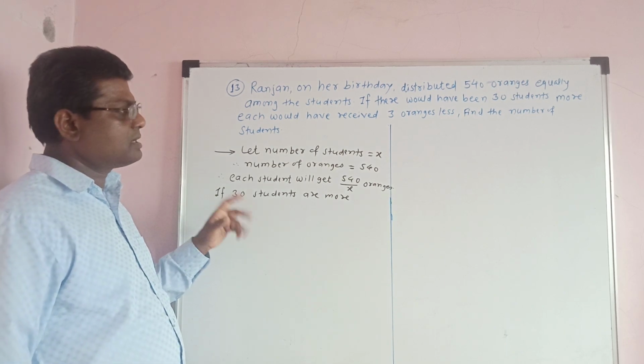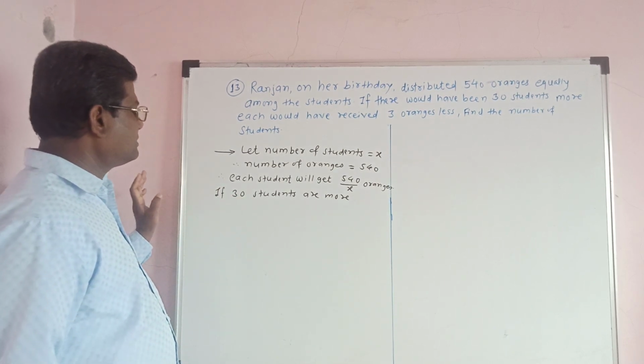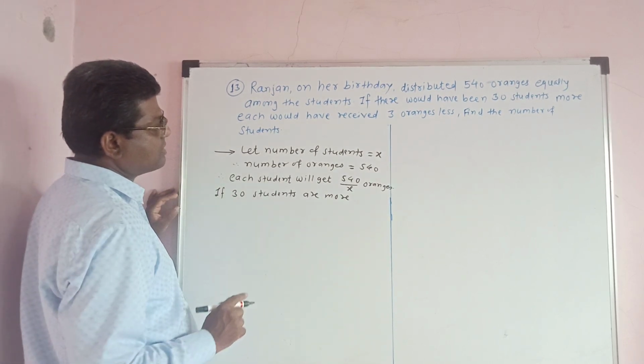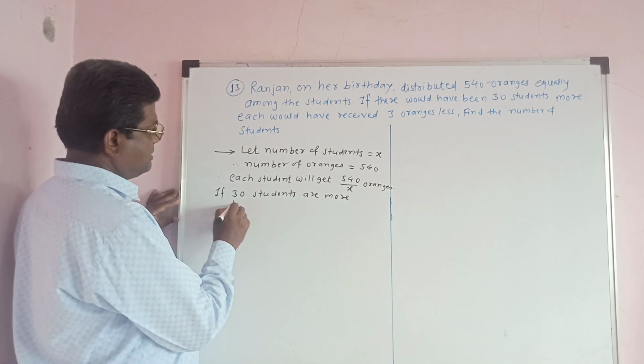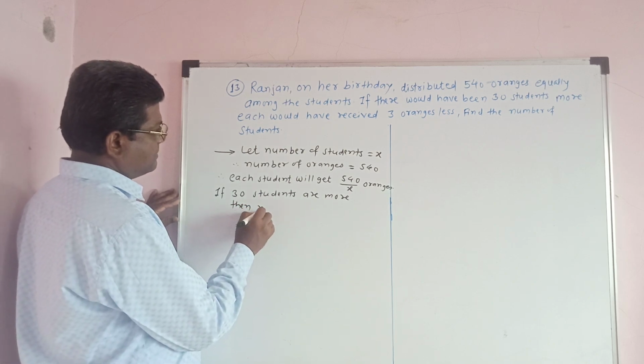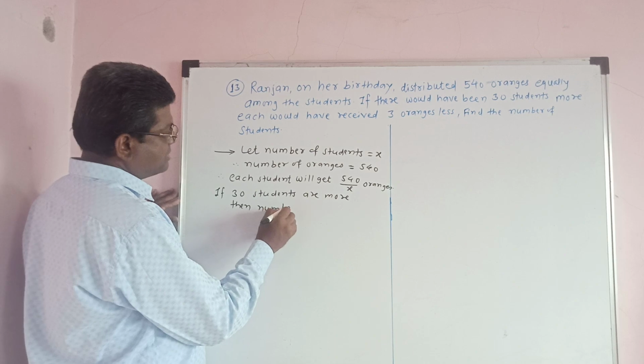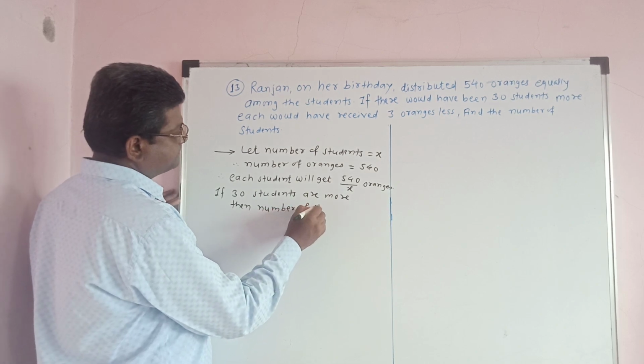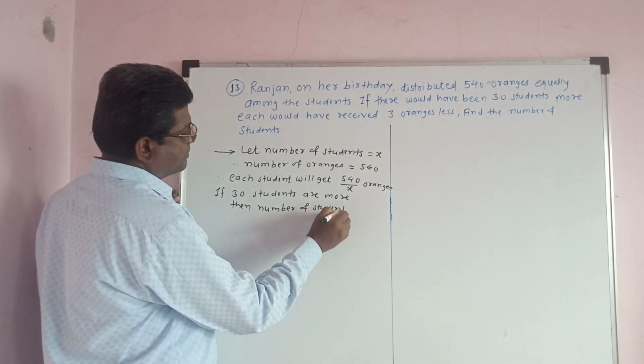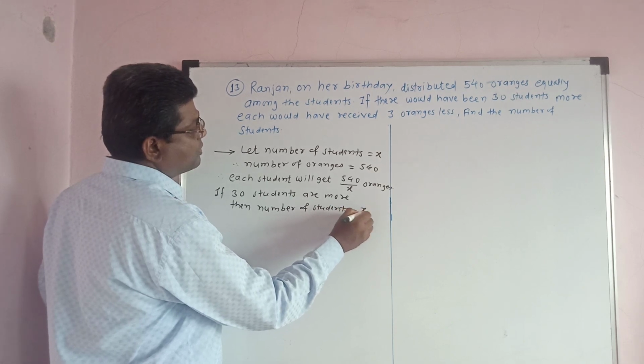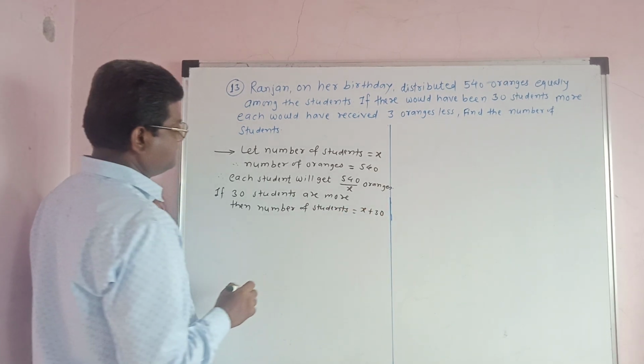Total students become now x plus 30. If 30 students are more, then number of students is equal to x plus 30.